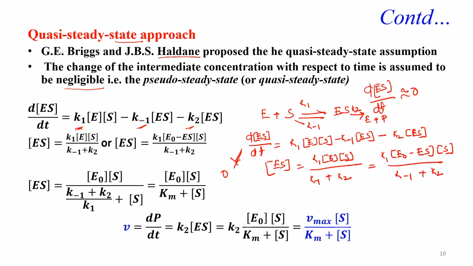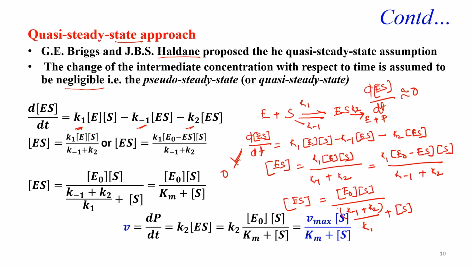Now, if we rearrange, we will get ES as E naught S divided by K minus 1 plus K2, this whole divided by K1, plus S.